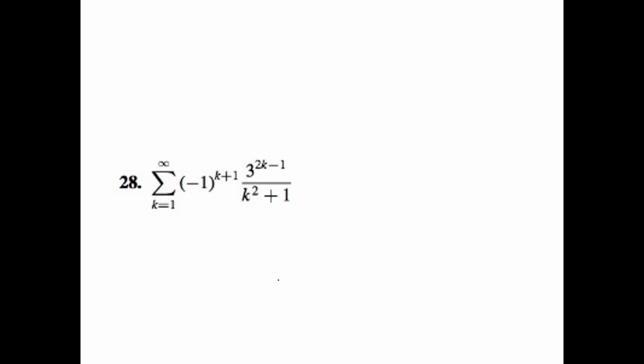When you see this problem, you should see the base is 3. This exponent is going to get bigger and bigger, so that goes off to infinity. And on the bottom, you just have a quadratic. And so you should have built up some intuition that this fraction here is not going to go to 0 because the numerator is growing much faster than the denominator.